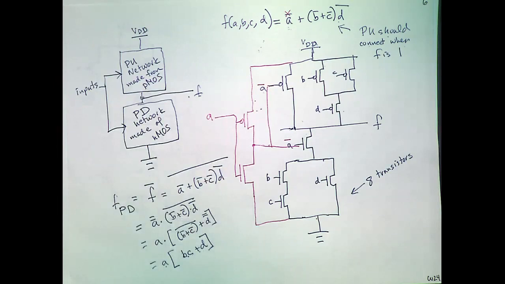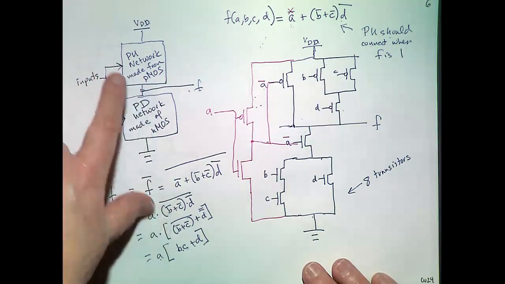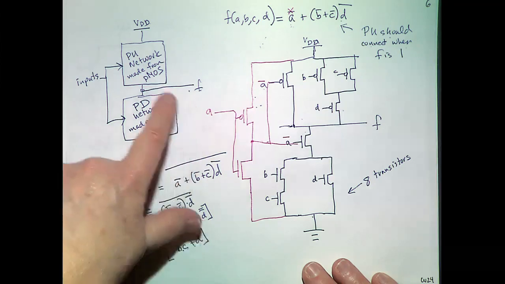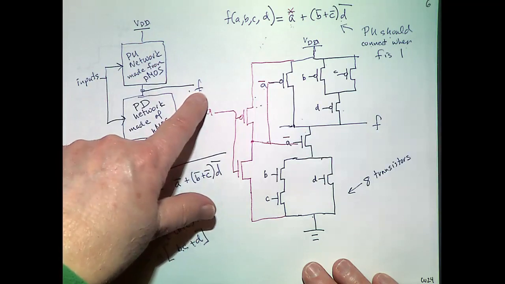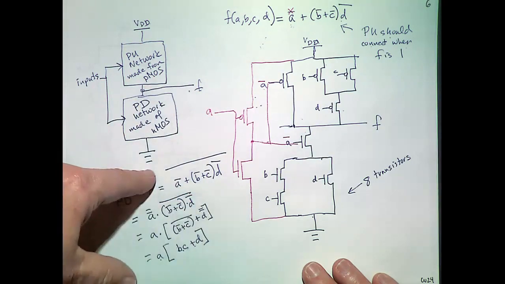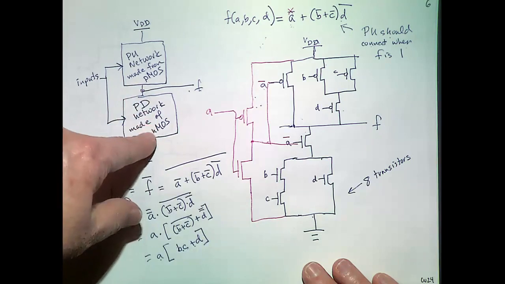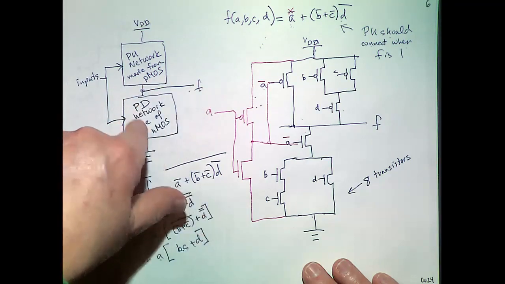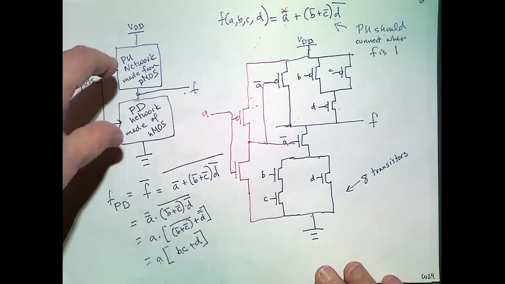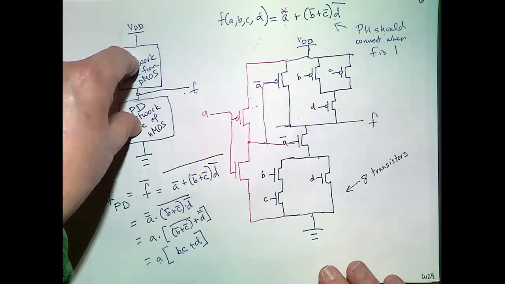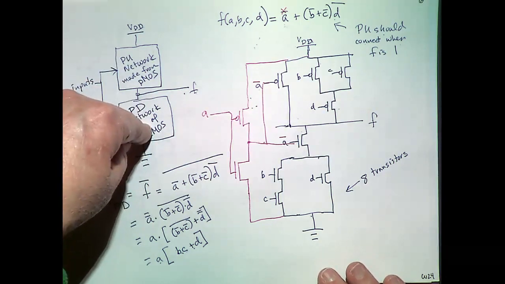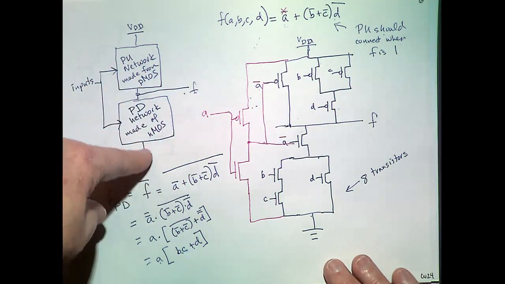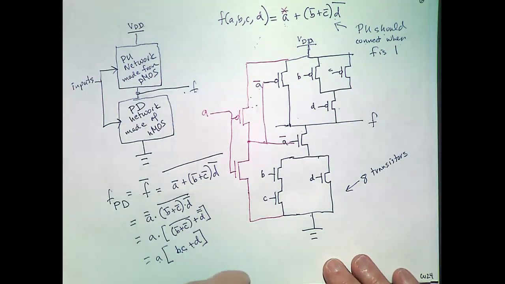In general, if we want a particular function, we want to build a network that's going to connect to VDD when we want the output to be 1, and the pull-down network is going to connect to 0 when we want F to be 0. We would insist that both of these not be on at the same time, because if they were both conducting, we would have a short from power to ground, which is not a good idea.